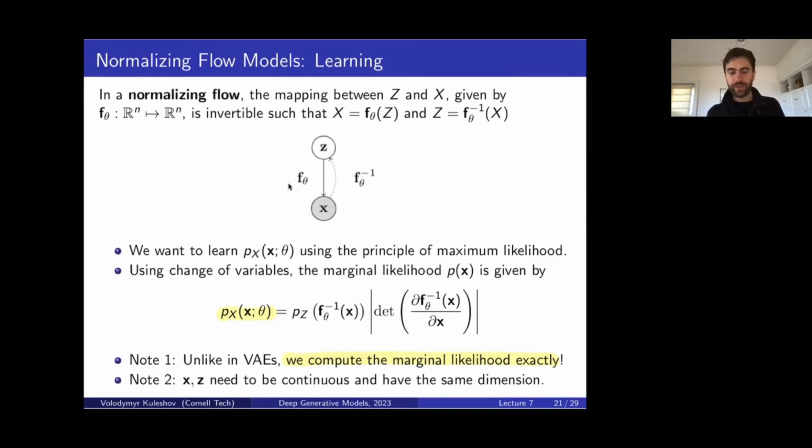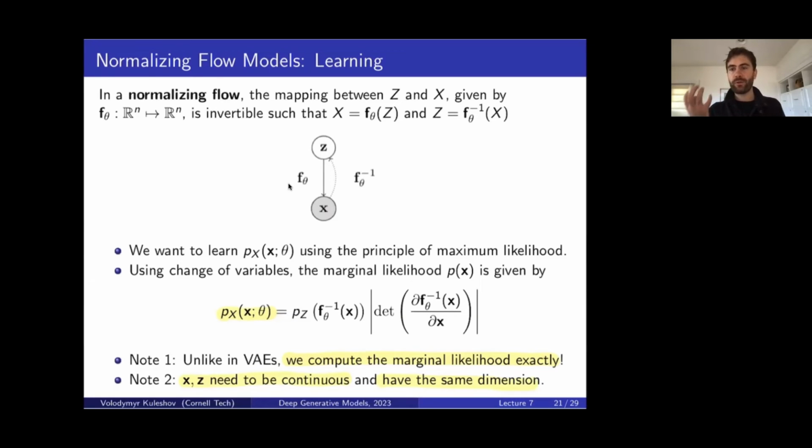Now, we still have to pay a price for this. The main price we have to pay is that X and Z have to be continuous. So normalizing flows naturally work only over continuous variables. And they also have to have the same dimension. This can be a little bit problematic because X can be very high dimensional. It looks like an image.